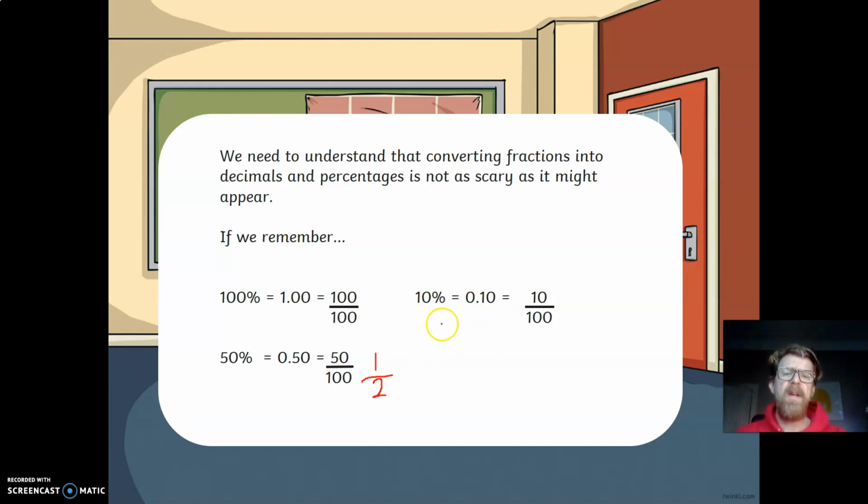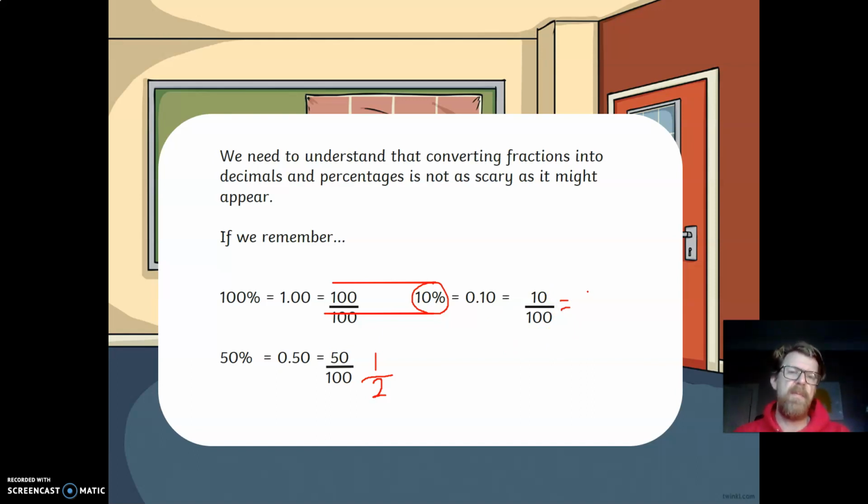And then over here, we have 10%, which is the same as 0.1 as a decimal, and that becomes 10 over 100. I'm sure you'll be able to work out very quickly what that is equivalent to when we simplify it.